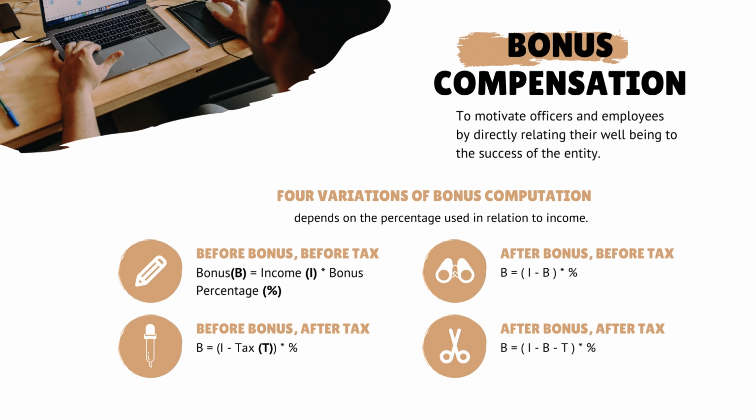So the income is computed by income minus the bonus times the percentage of the bonus. And lastly, if it is computed after bonus and after tax, then you subtract. Okay? So you subtract the bonus minus tax from the income.